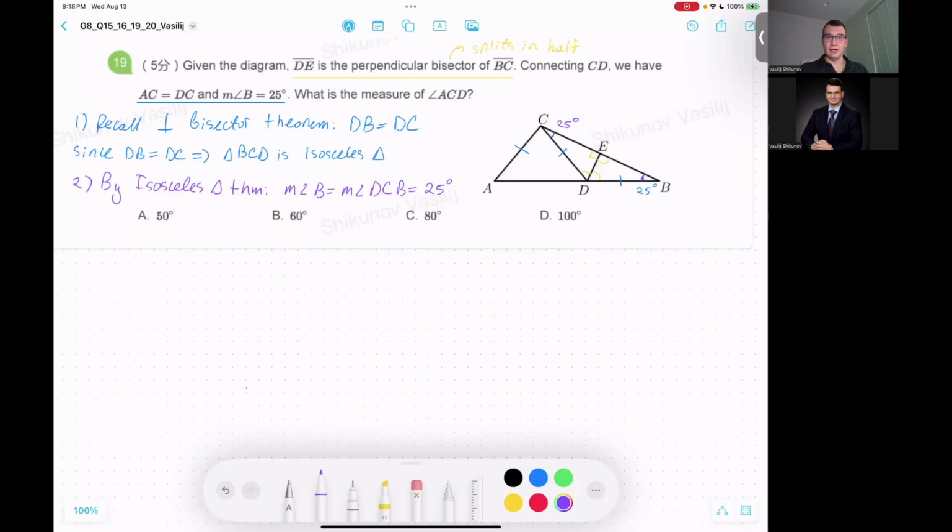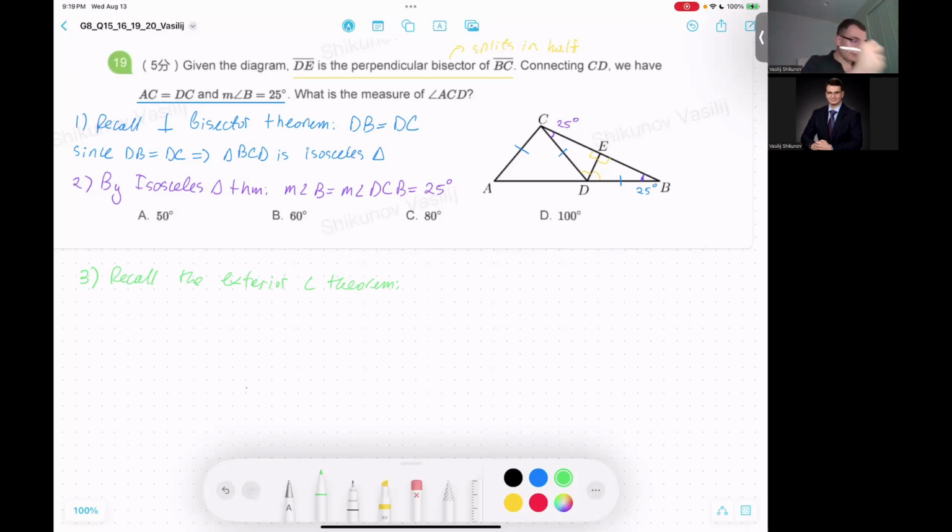Perfect. So now let's try to relate some of our angles to the angles of the other isosceles triangle. Let's recall the exterior angle theorem. What does it say? It says that the exterior angle of a triangle is equal to the sum of the two remote interior angles.